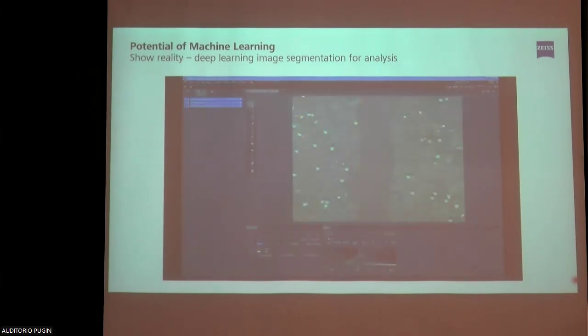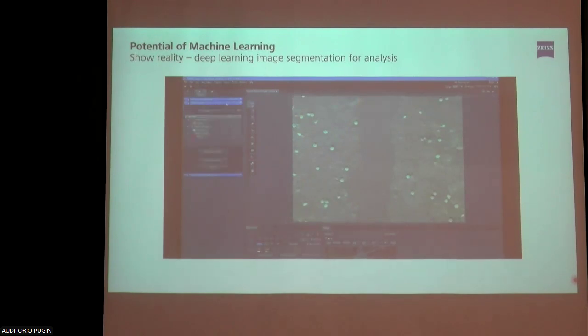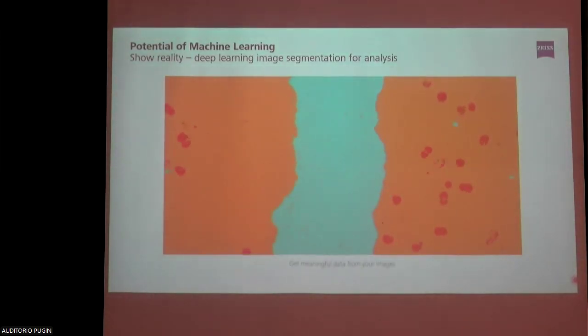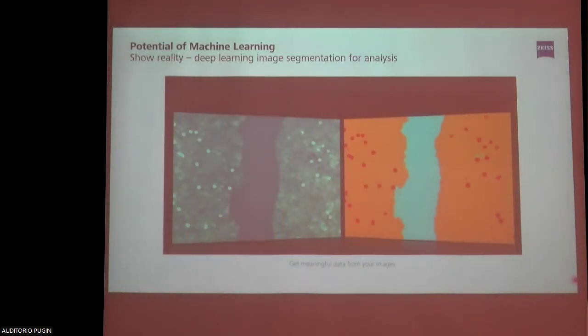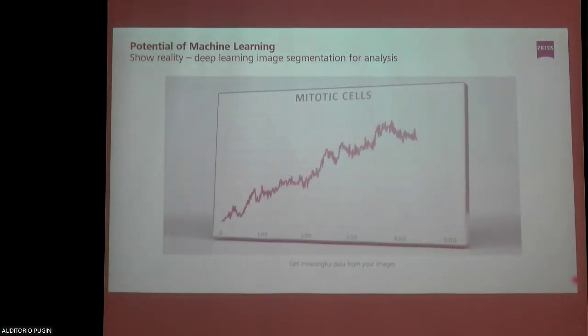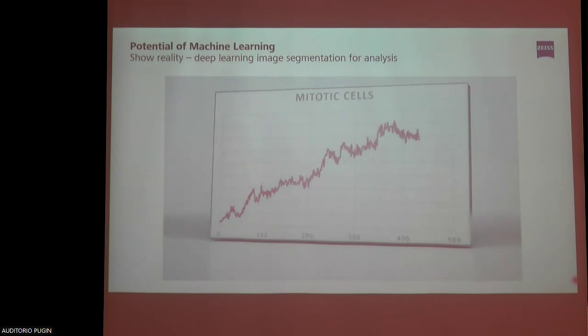It's a very easy tool. Usefulness and ease of use are something that we need to have to adopt and accept a new technology. And here it is just with a small brush, just painting a few pixels, and then the system is training itself to understand what are mitotic cells, what are just the normal cells, what is the background maybe. And then you can plot that in a nice time plot. So it's very easy to use.